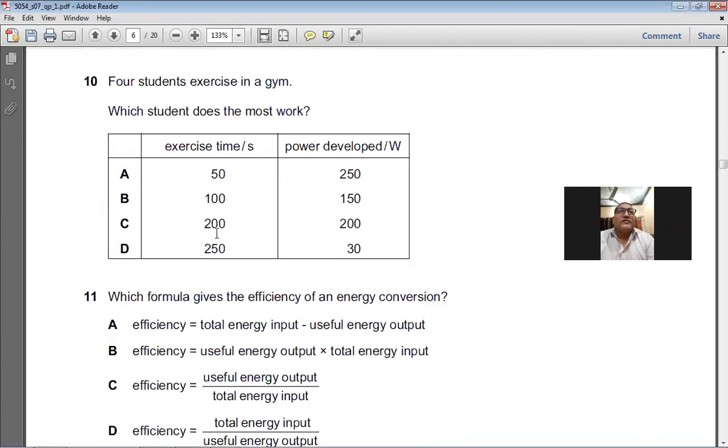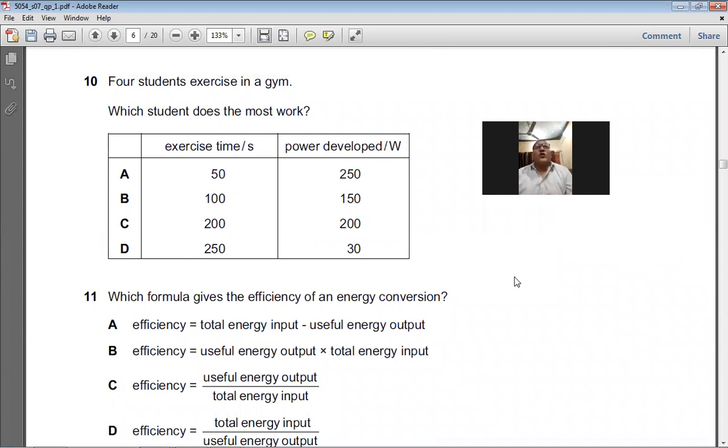Okay, now four students exercise in a gym. Which student does the most work? Here we have the power developed and the exercise time. Power is equal to work done divided by time, so work done is equal to power multiplied by time.